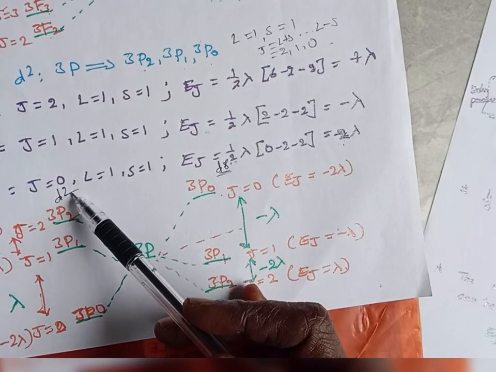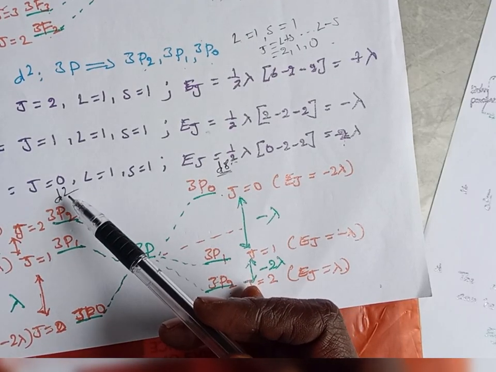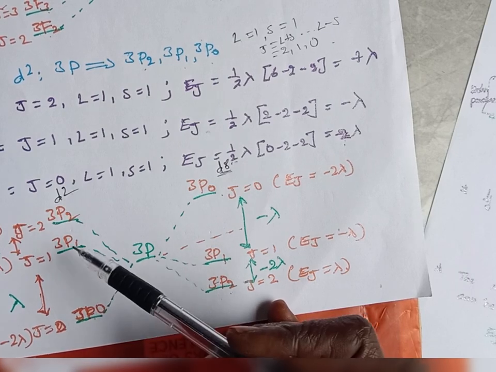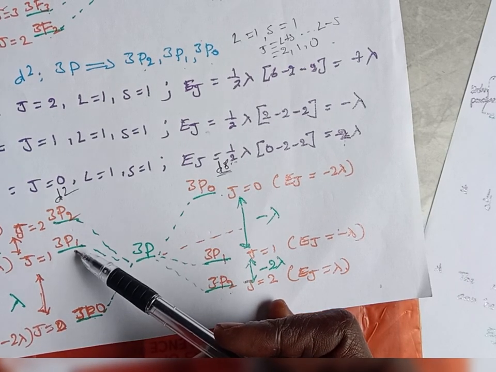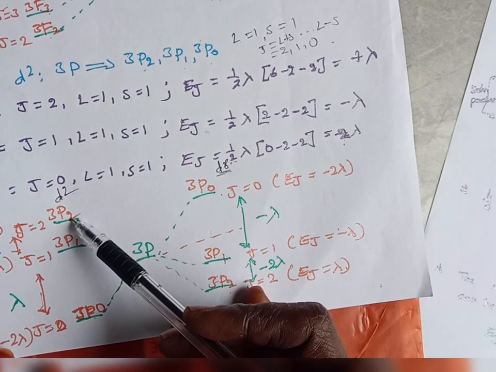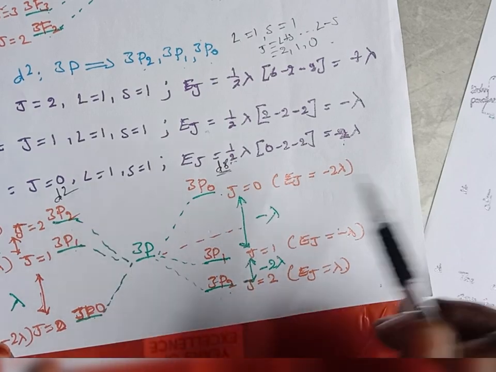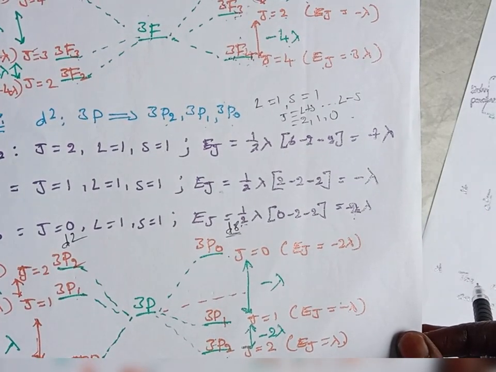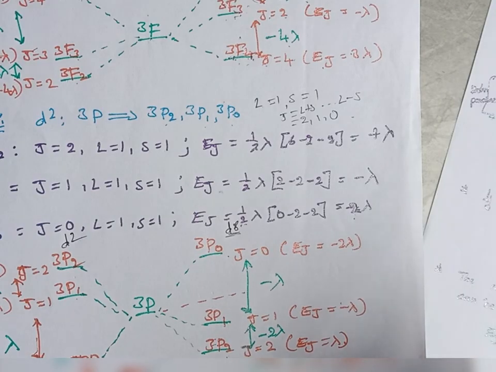So for d2 electronic system, it is less than half-filled configuration. Therefore, 3P0 is the lowest energy level, 3P1 is the next energy level, 3P2 is the highest energy level. This is about spin orbit coupling parameters, which is used to calculate the energy of the states.